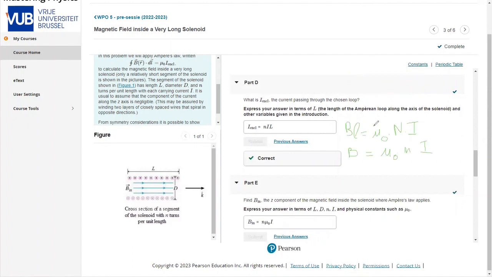My previous formula was not this one, but it was this one. Just basically we had this times dl is equal to, because it is the chosen loop, so it's basically this. But if you want to know what B is, then it has to be that.